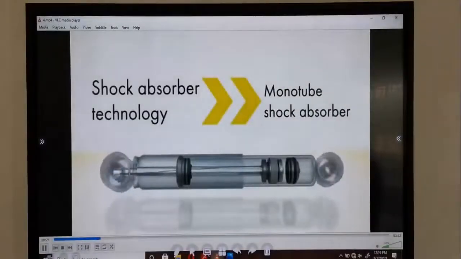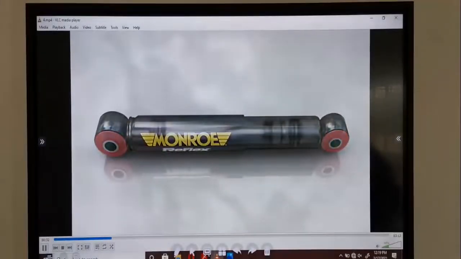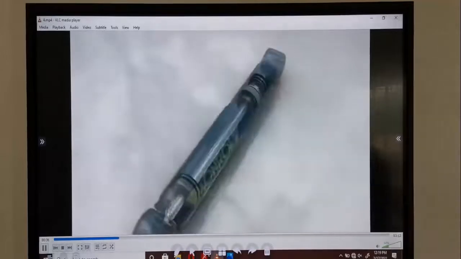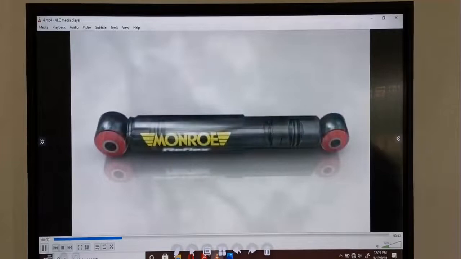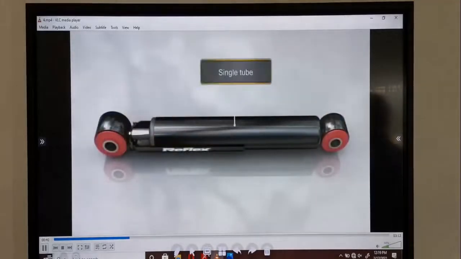This is a monotube shock absorber. Monotube means a single tube. So there's a single tube inside. Let's see the parts of the single tube.